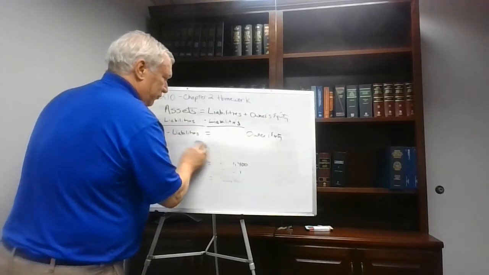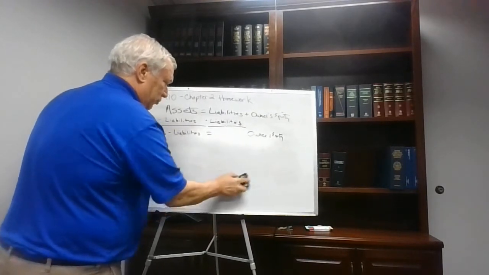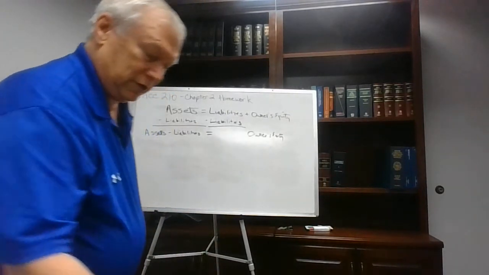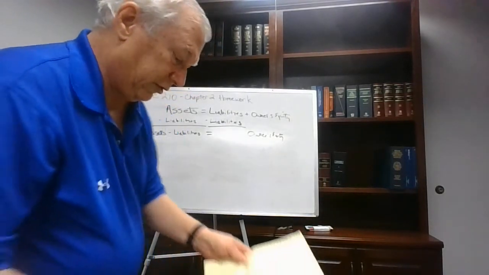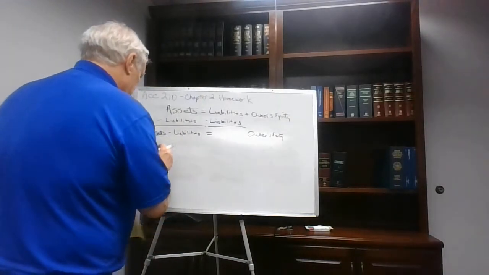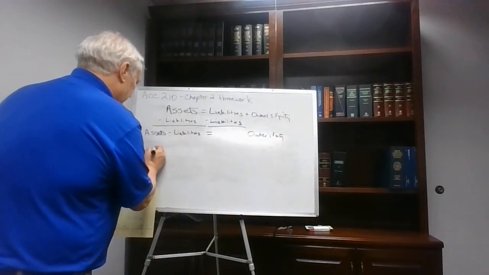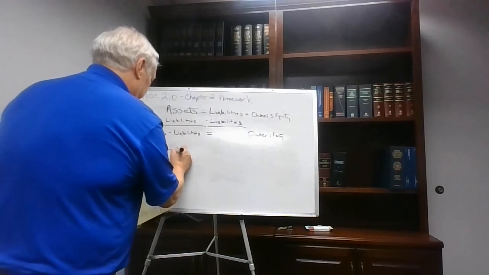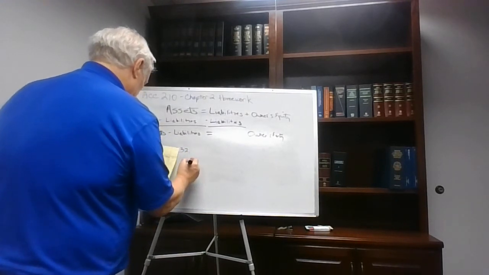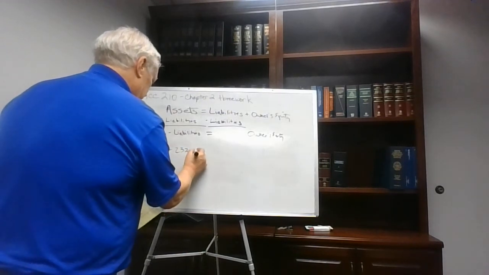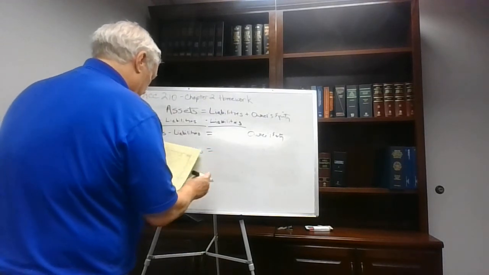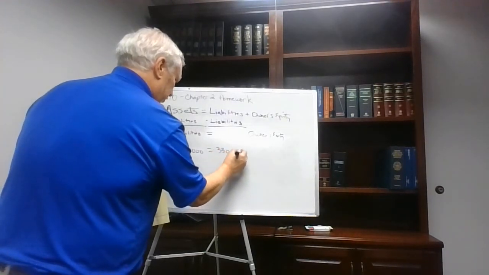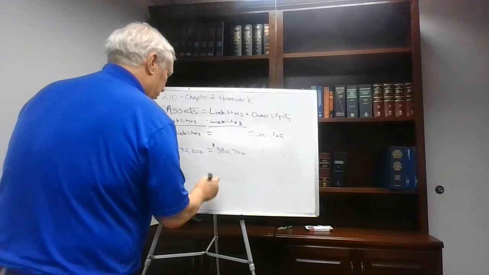Maybe pause the video and see if you can do the one where the assets are question mark, the variable you're solving for, minus 232,000, and that equals 330,700 in owner's equity.